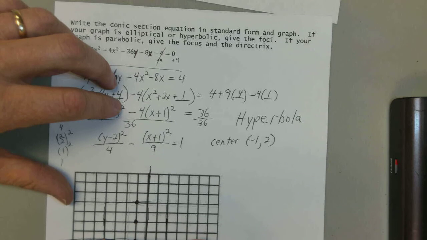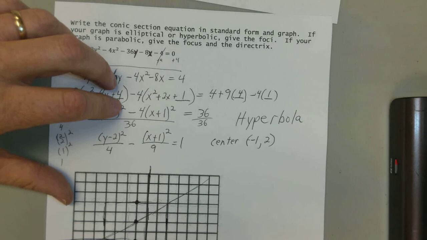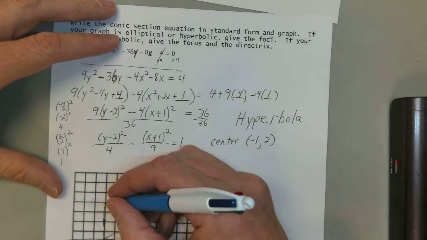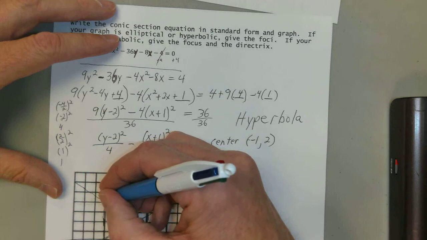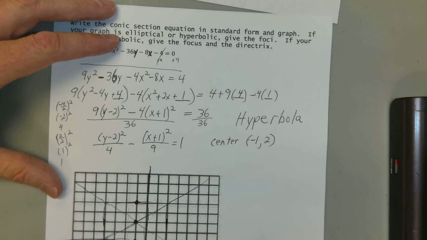And get the diagonals of this box so I have the asymptotes. Okay. There's an asymptote.